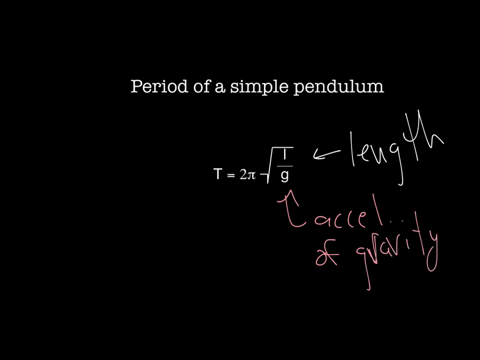As you can see, if you increase the length, the period gets longer because it's taking a longer arc. If you increase g by going to some other planet, you're going to make the period smaller because it's going to increase the acceleration, so it would be moving faster.